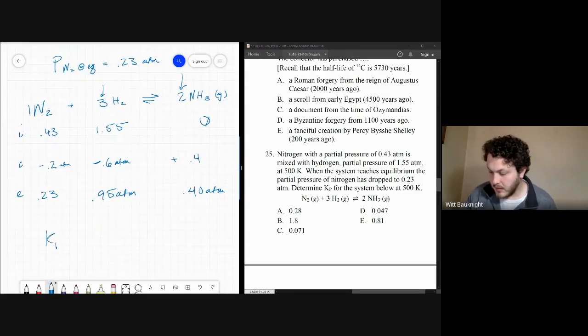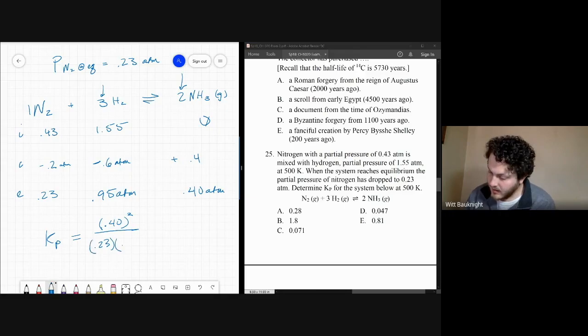Well, Kp is going to equal the partial pressure of ammonia, but you can't forget to square it due to the stoichiometric coefficient. And then it's going to be over the equilibrium partial pressure of nitrogen, which is 0.23.